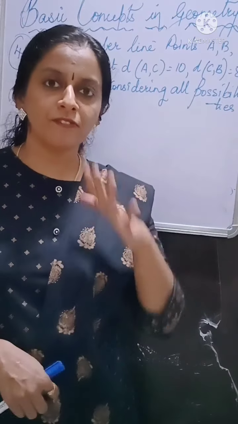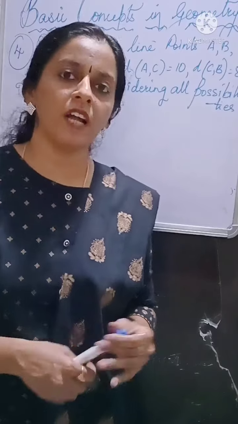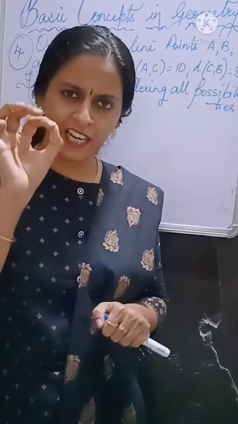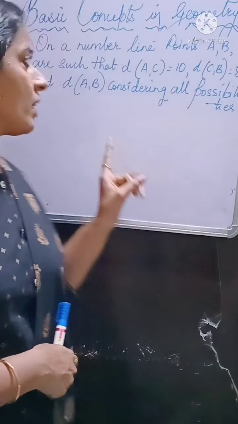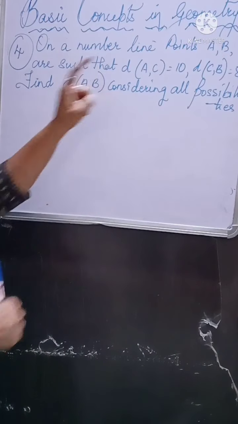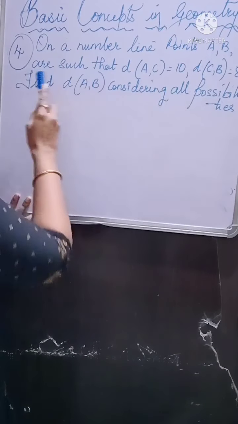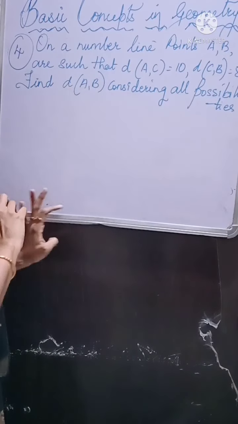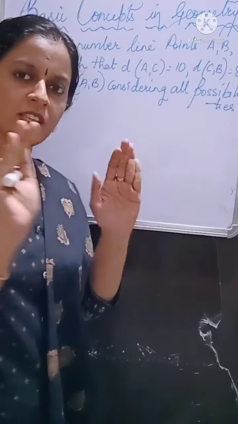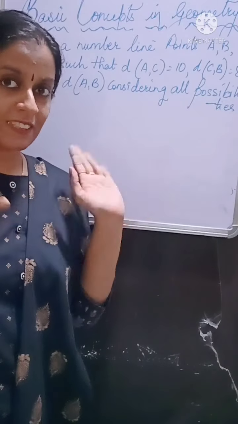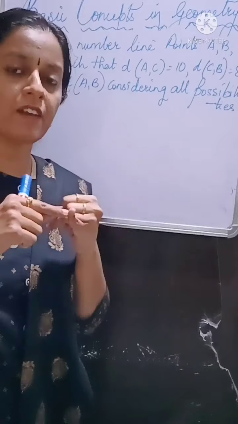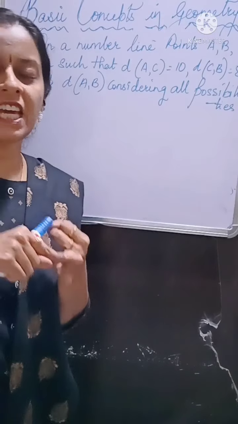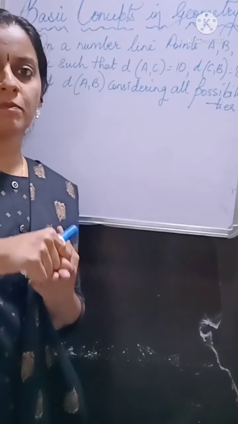Going to question number 4 of practice set 1.1. Very important question and everybody should know how to crack it. The question given is, on a number line, we have points A, B, C. Now in which order, they have not specified. If they give A dash B dash C, then we can say that B lies in between.